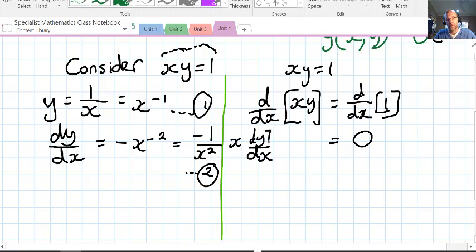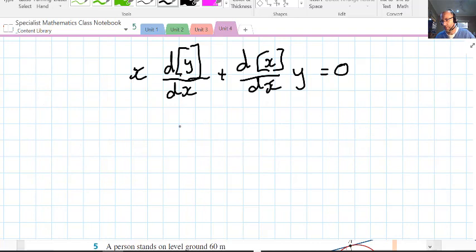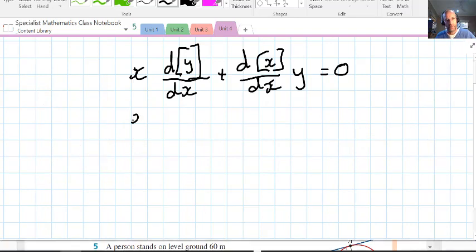You could even make it a bit more explicit like that. And following the product rule pattern and continuing on, we have x times dy dx, no change there. dx dx is 1, and so we just got 1y, that equals 0.